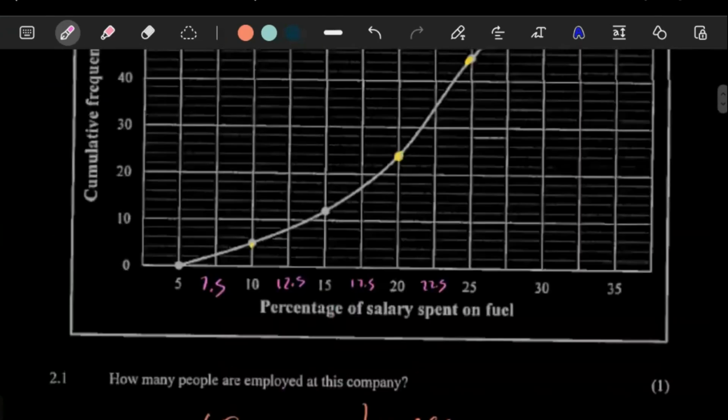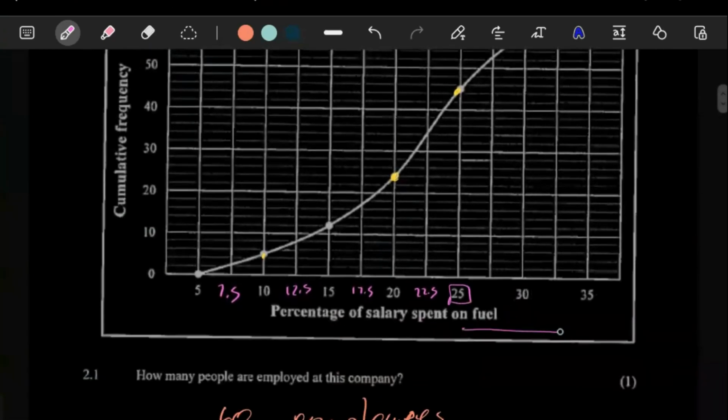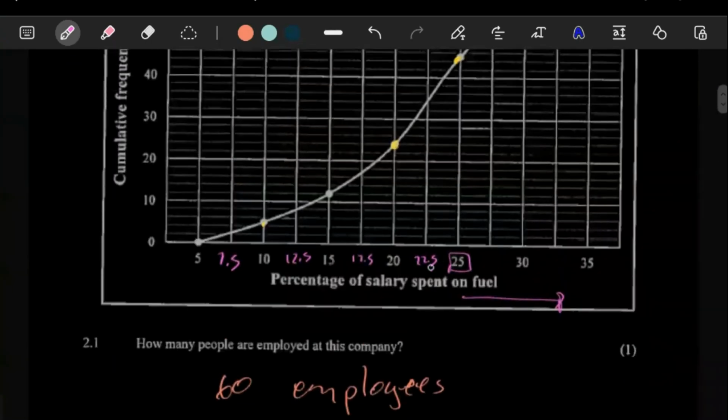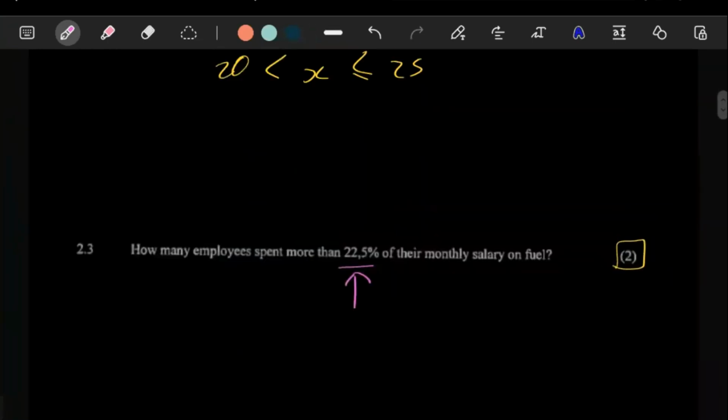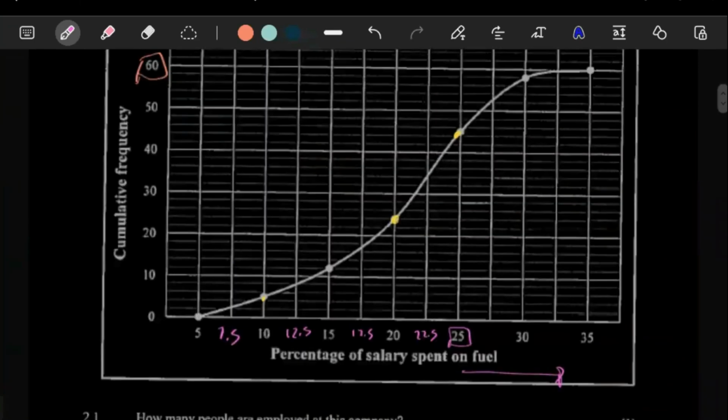So those people, it's going to be people that are from 25 going onwards to where the end is. The reason they're mentioning 22.5 here is because they're trying to tell you which class interval should be your starting point. So they want everyone above 22.5%. So those people, you're going to start here. You're going to need to estimate, though. This value seems like it's in the middle here.